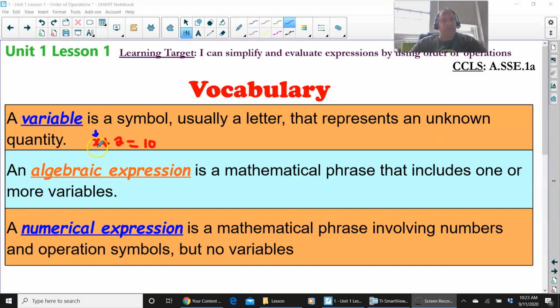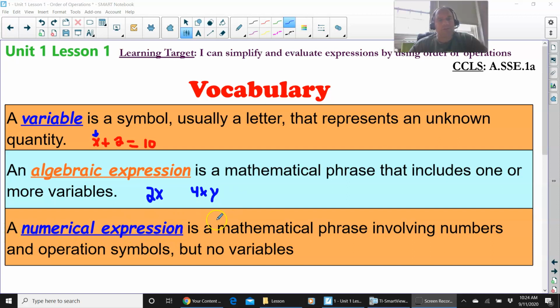So right here we have x plus 2 equals 10, and that x is the variable. An algebraic expression is a mathematical phrase that includes one or more variables. So an algebraic expression could be something like 2x, 4xy, just an expression. An expression does not have that equal sign.